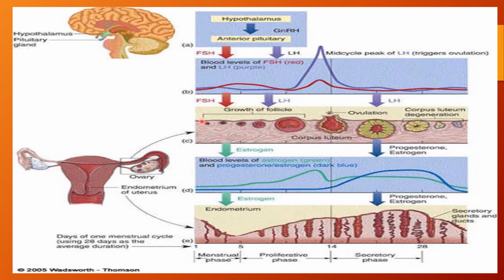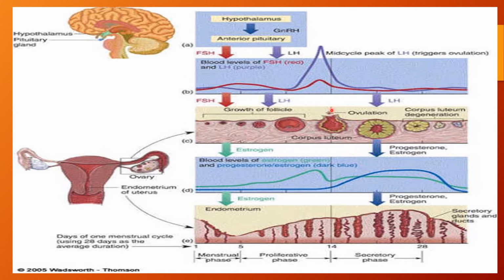This is the representation of the phases of the oocyte. After the secretion of GnRH and of FSH and LH by the anterior pituitary, there will be a mid-cycle peak.